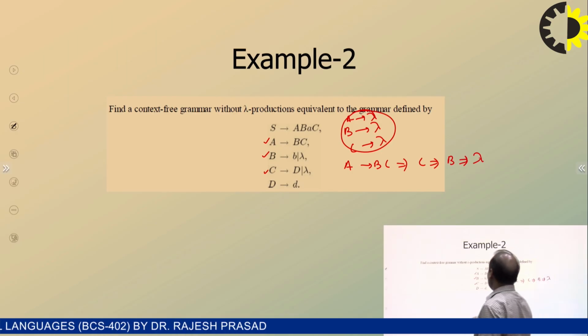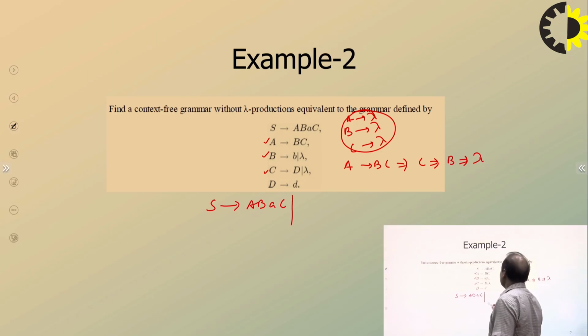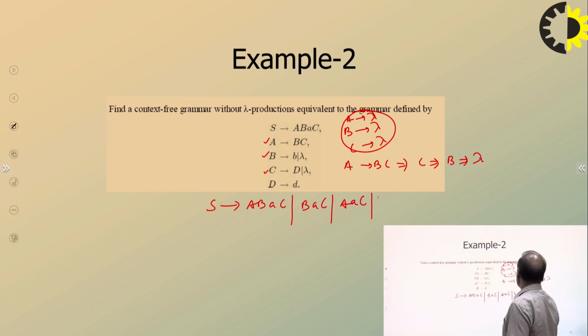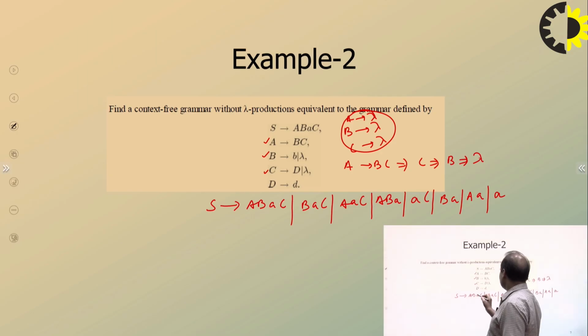You can eliminate them. So once you start eliminating ABaC, eliminate A by lambda, you will get BaC. B by lambda, you will get AaC. C by lambda, you will get ABa, and then AB by lambda, AC; AC by lambda, BA; BC by lambda, AA; and replace everybody by lambda, so you will get small a. See, A lambda you will get this, B lambda you will get this, C lambda you will get something.